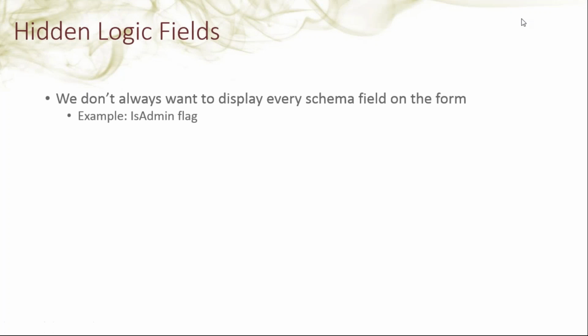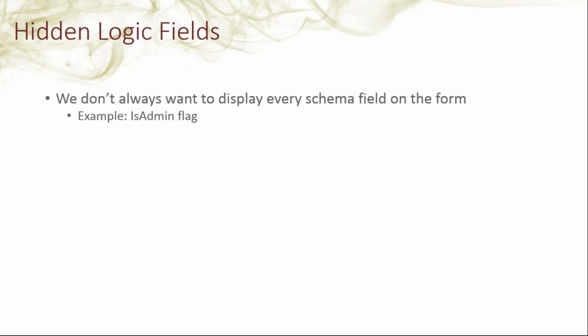All right, so as far as these hidden logic fields, or the logic fields that you need to display on the form in order to get things working in Formotus. Obviously, if you're designing a form, you don't always want to display every schema field on the form, right?